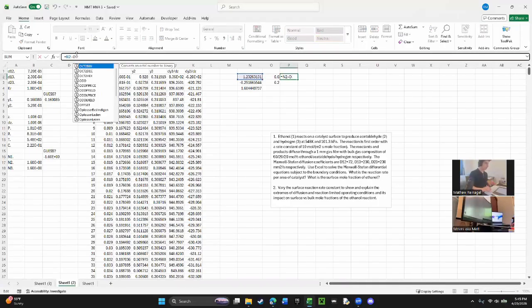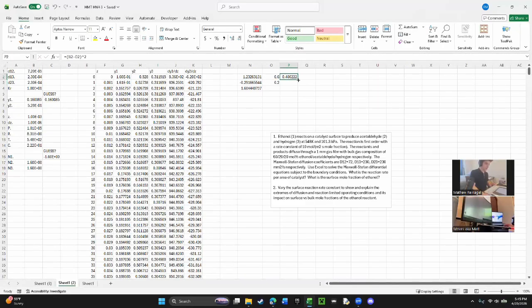All right, so to do the sum squared, we're going to take the latest value, and then subtract the value that we want, and square this. And then we're going to do the same over here.